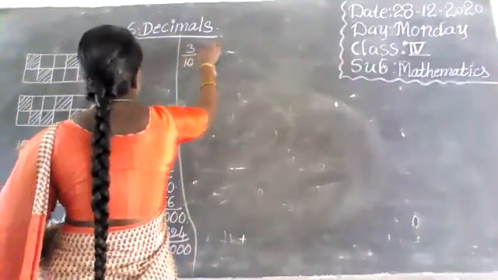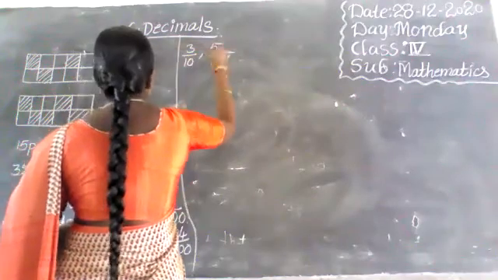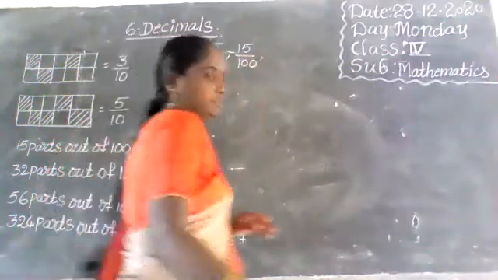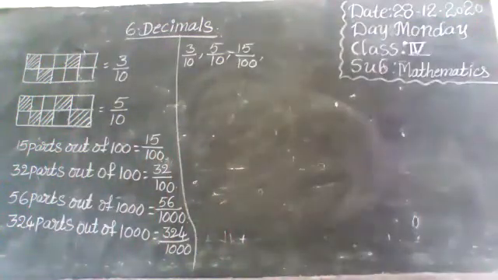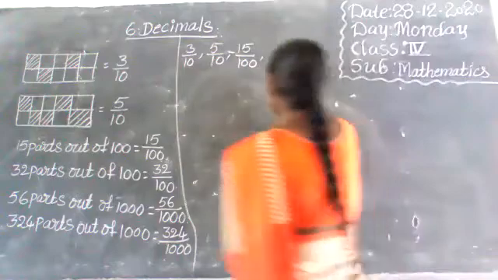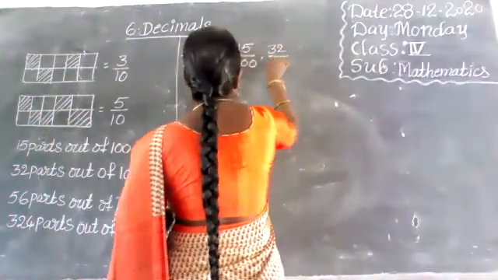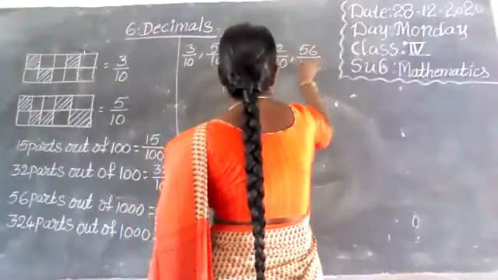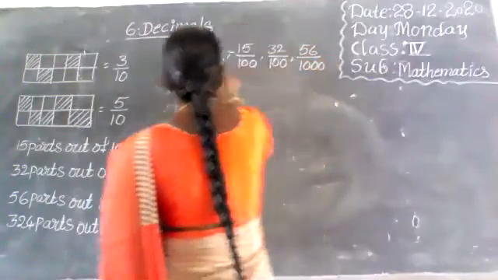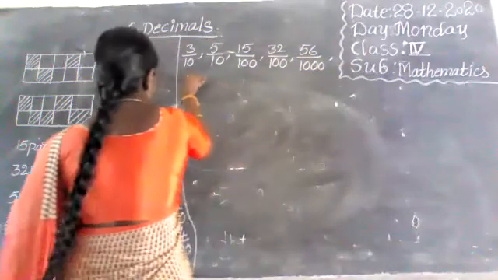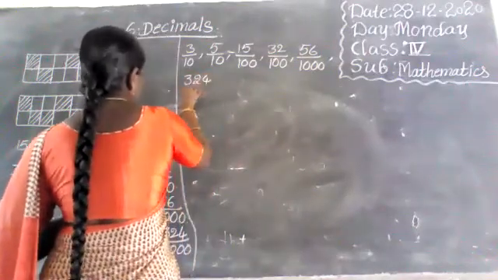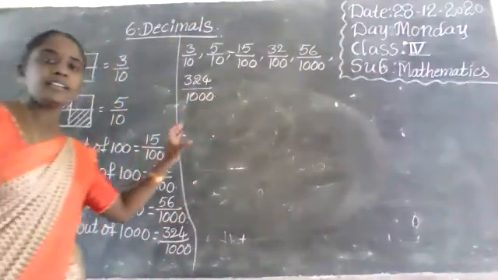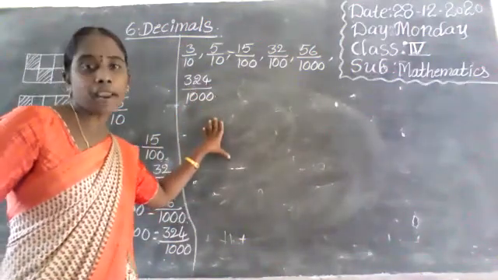3 by 10, 5 by 10, 15 by 100, 32 by 100, 56 by 1000, next 324 by 1000. These are decimal fractions.